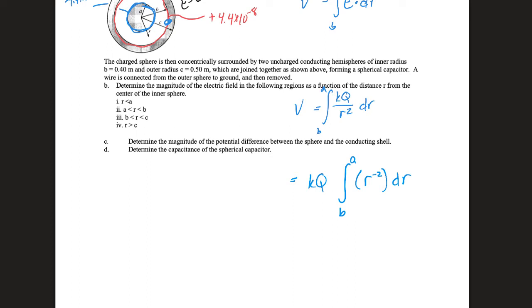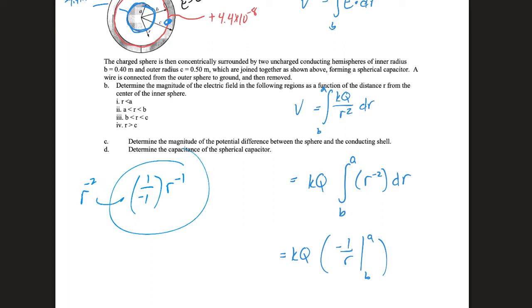It's just going to be 1 over R. But for you guys who don't have calculus, taking the antiderivative, if you don't remember, you're going to add 1 to your exponent, and then divide by the new exponent. That's what you get when you go from R to the negative 2 to your antiderivative with respect to R.